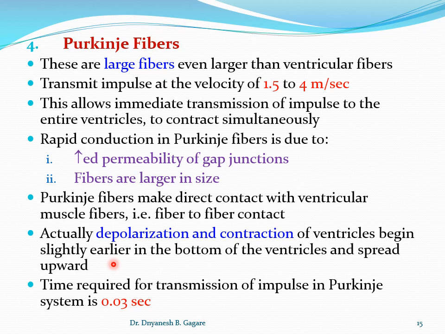If you see in a picture or video the contraction of the ventricle, it contracts slightly earlier in the apex, and then it comes to the base. So the contraction begins slightly earlier at the bottom.